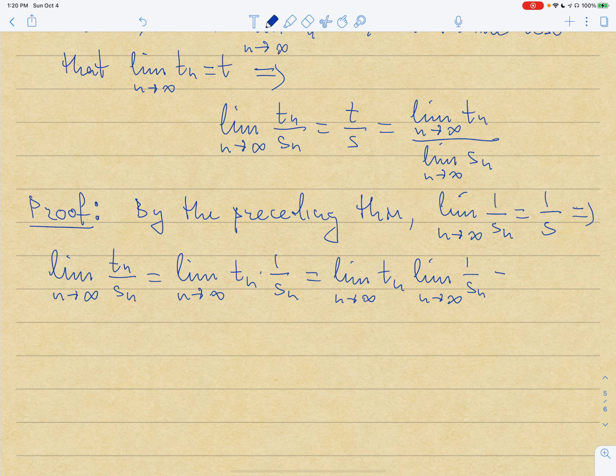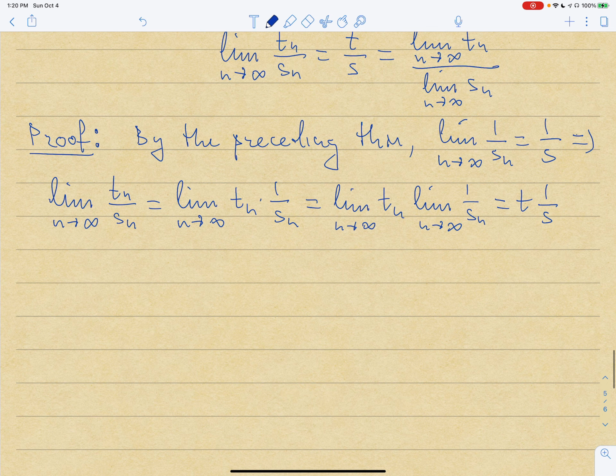And then this must be equal to T times 1 over S, which I can write also as T, the limit of Tn, and 1 over S is 1 over the limit of Sn, right?